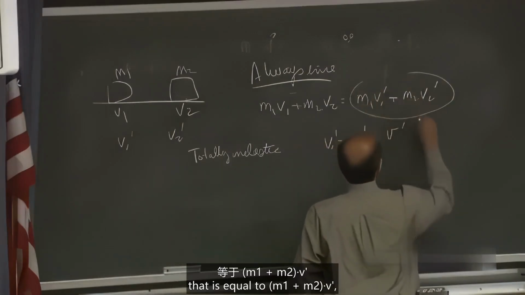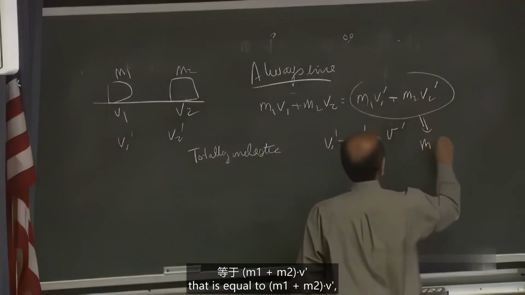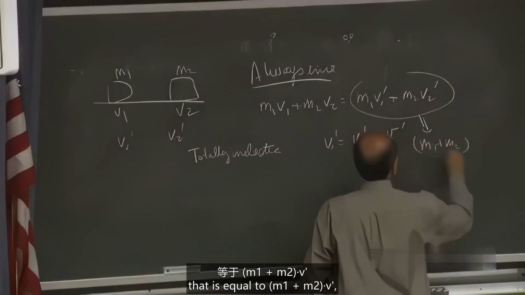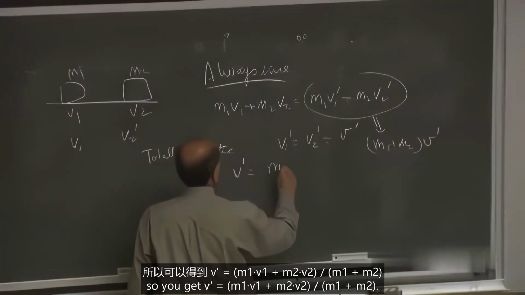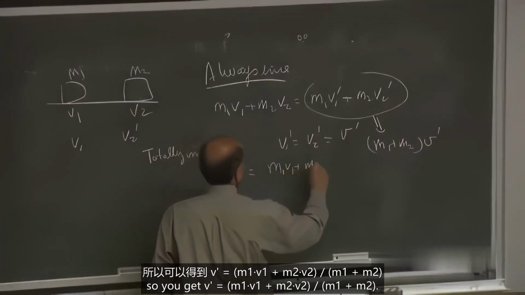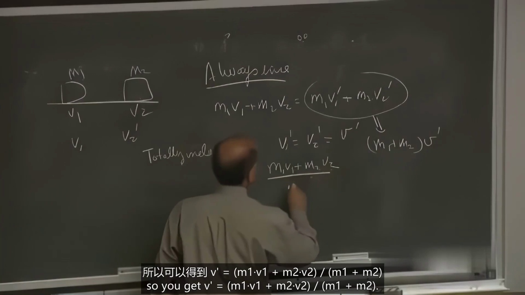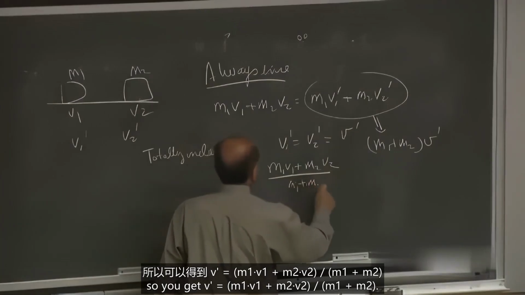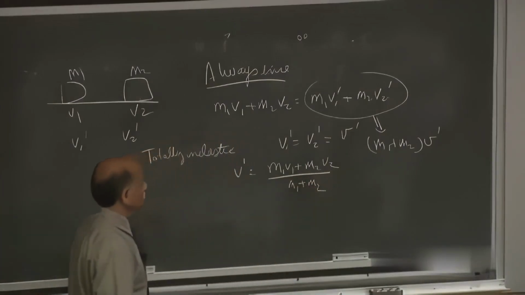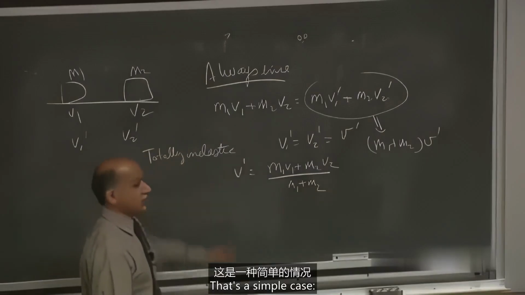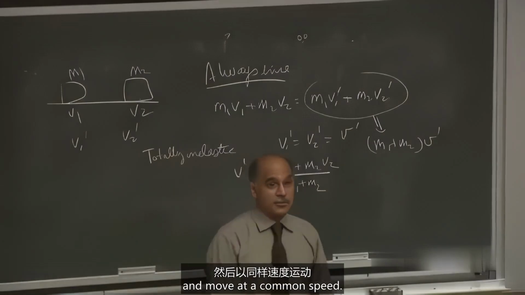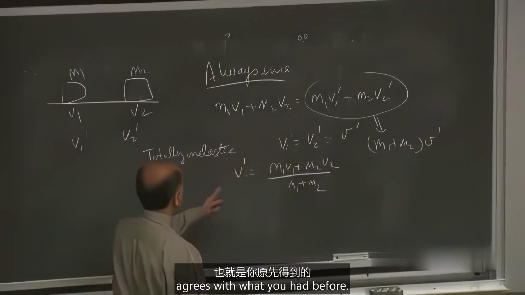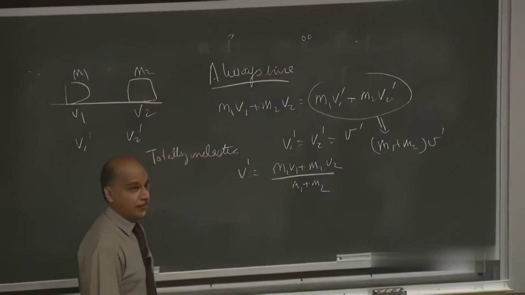So you can write that it is equal to m1 plus m2 times that v prime. So you get v prime is m1 v1 plus m2 v2 over m1 plus m2. That's a simple case. Two things stick together, and move at a common speed. The common speed should be so that the total momentum agrees with what you have before.